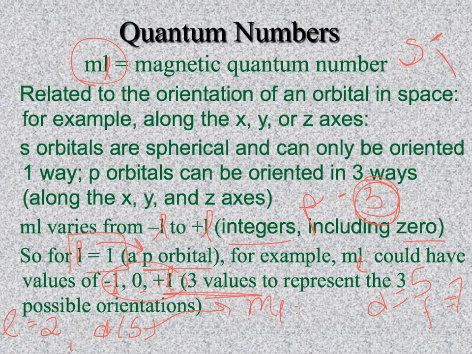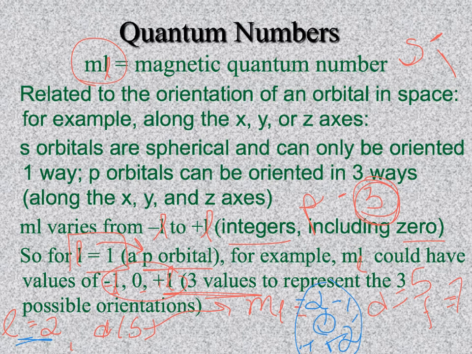So the values m sub L can have, if we're talking about L equals 2, start with -2, -1, 0, +1, and +2. In other words, there are 5 m sub L values representing the 5 d orbitals that are possible in every d sublevel. If you're still confused about m sub L, don't worry too much.